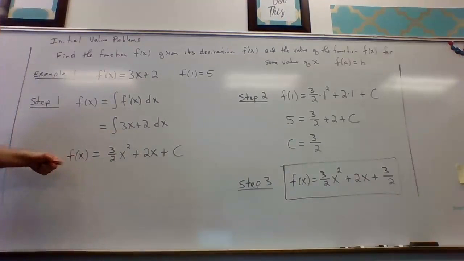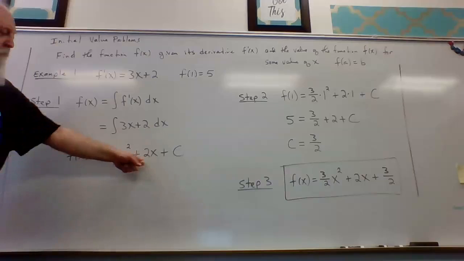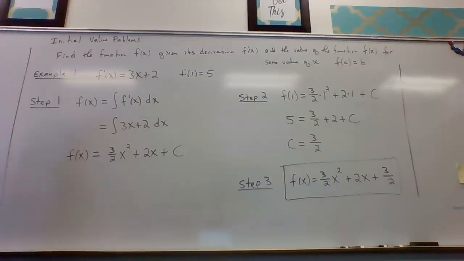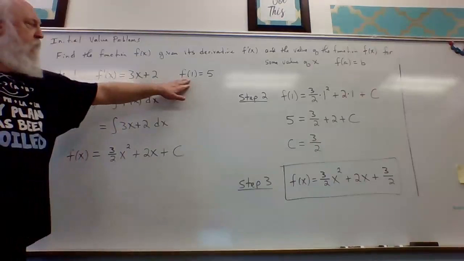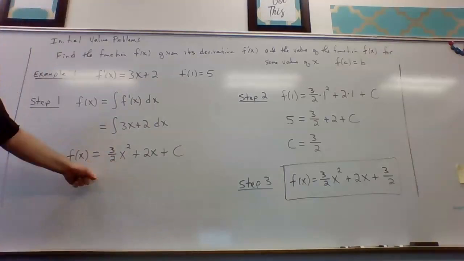So we know the original function f of x to within a constant is equal to 3 halves x squared plus 2x plus c. Using the fact that the value of the function at x equals 1 is 5, we can determine what c is.